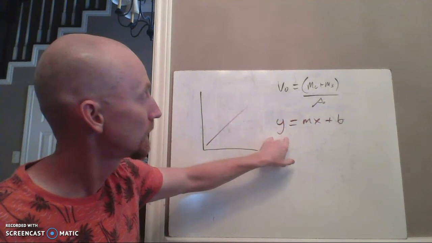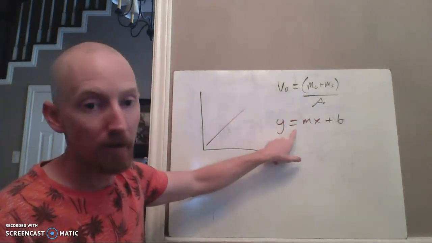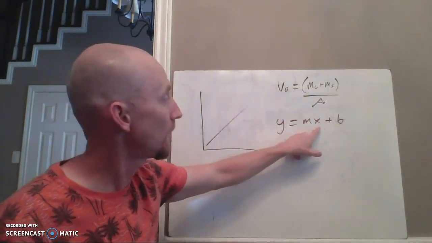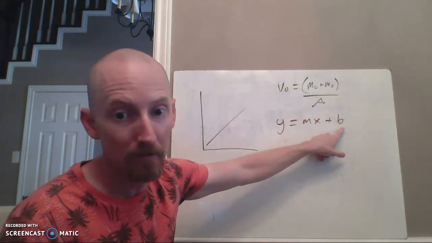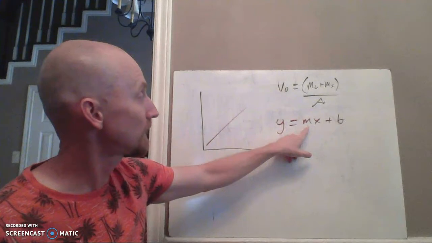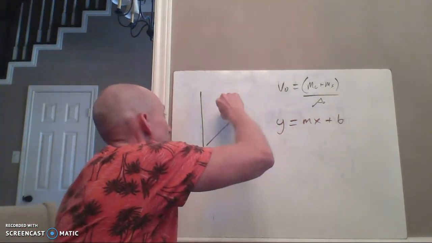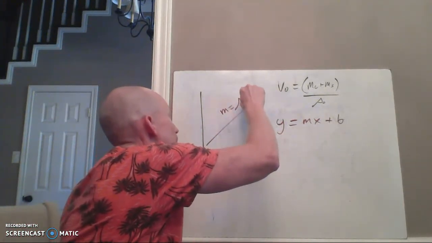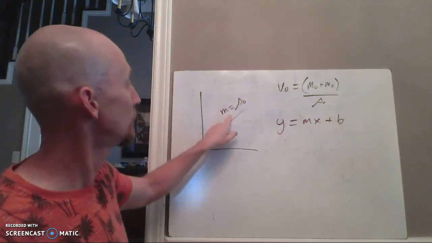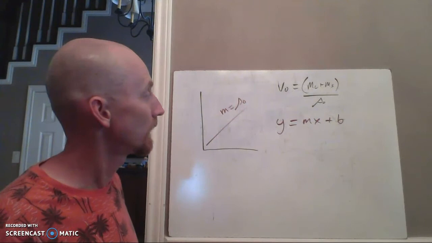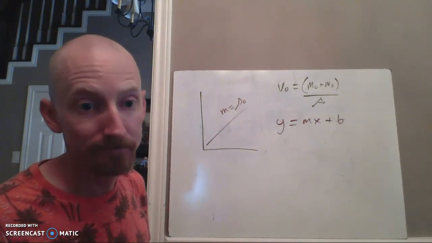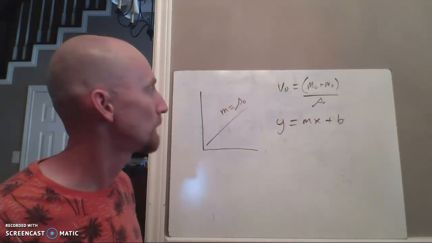A y, an equal sign, an m and x, and then maybe a b. There might not be a b. Just depends. We need an m, that's the slope of the line, right? And we want the m to be the density of the oil. We want m to be that. Okay? Or some form of that. I'll show you what I mean.